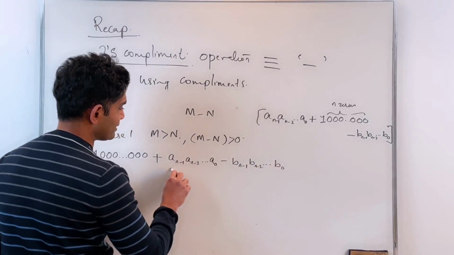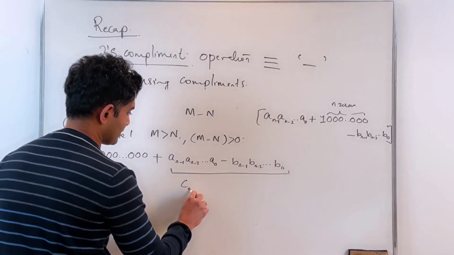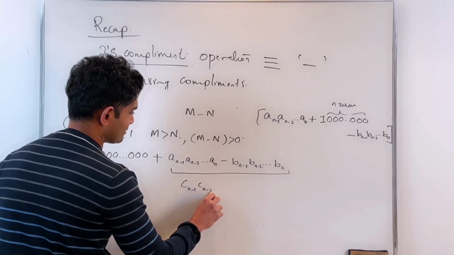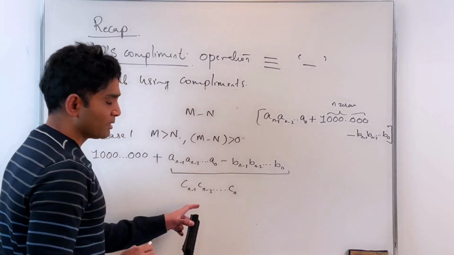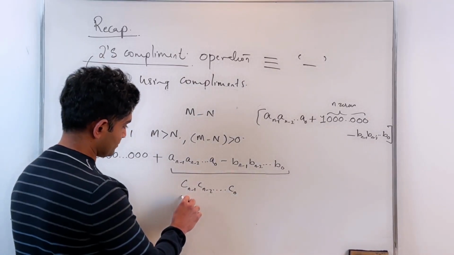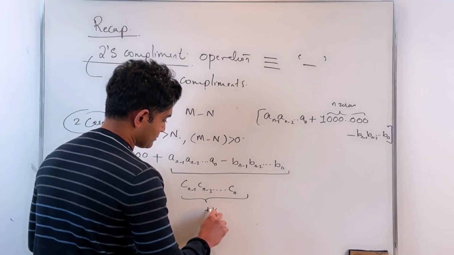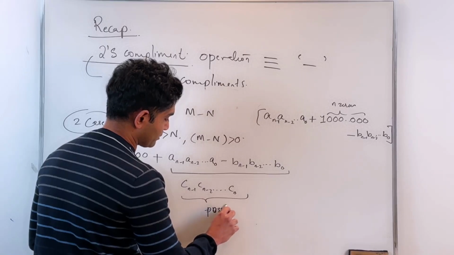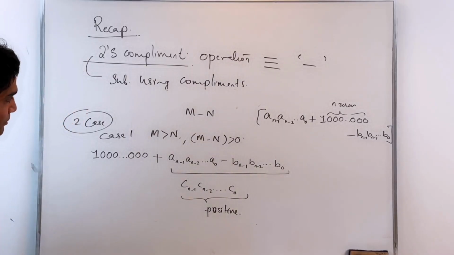Now what can you say about this result? Let's say I call this c n minus 1, c n minus 2, and so on, c 0. This particular result, n digits long, is a positive answer. It's positive, right? Because I assumed in this case that M minus N is larger than 0.